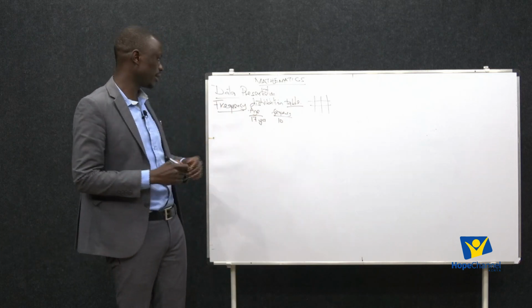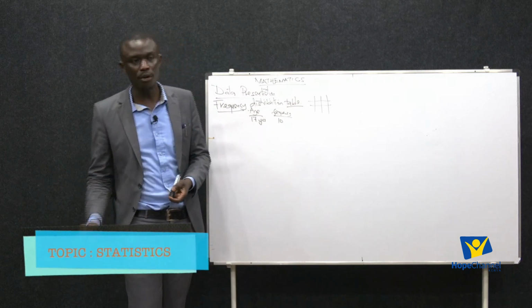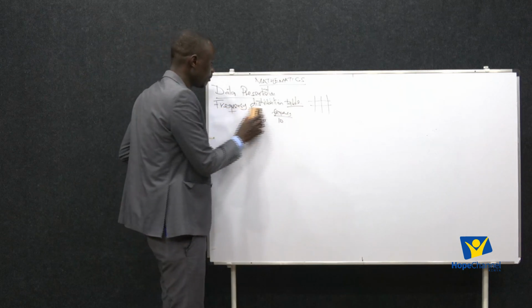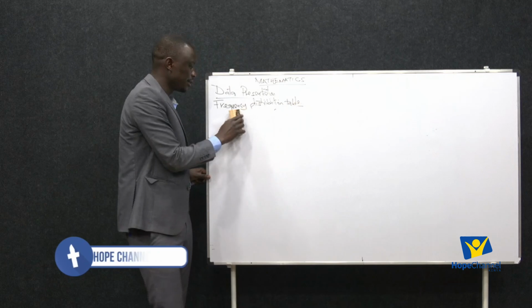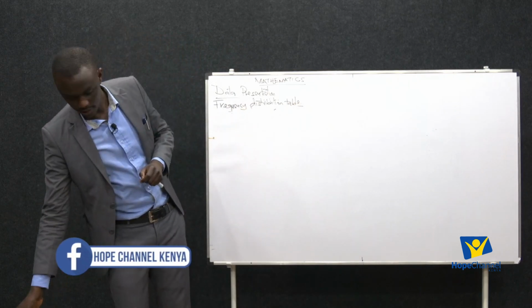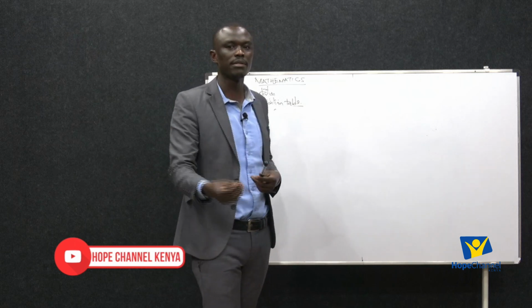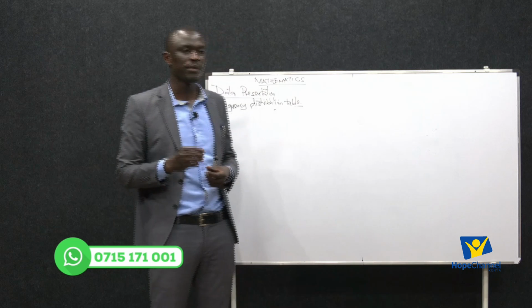So that one is now very, very clear. So how do we prepare a frequency table? Very easy. Just get the observation, know how many times that observation is appearing.